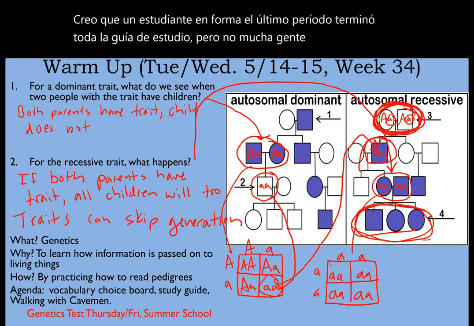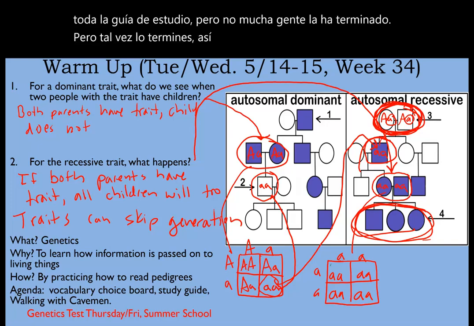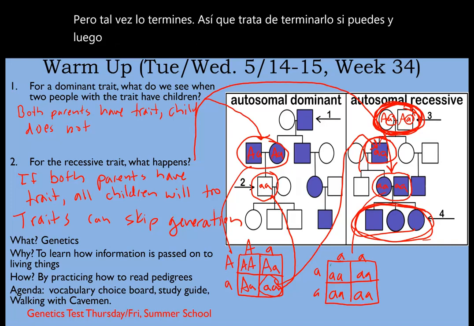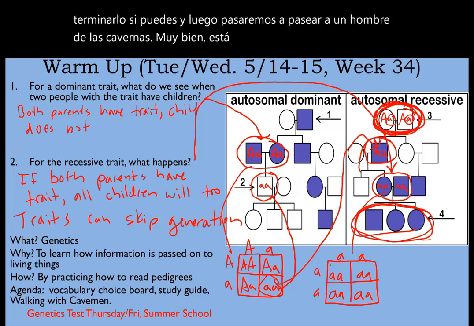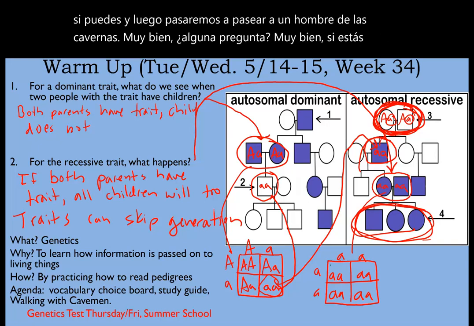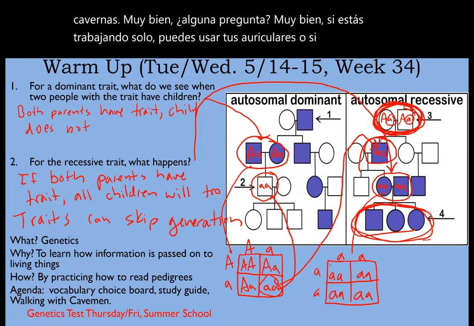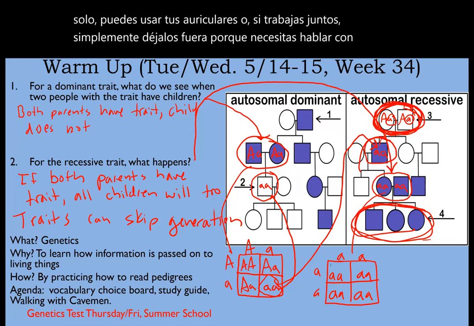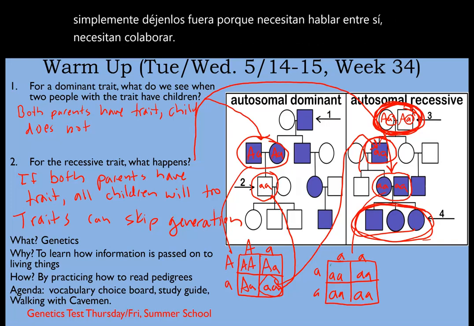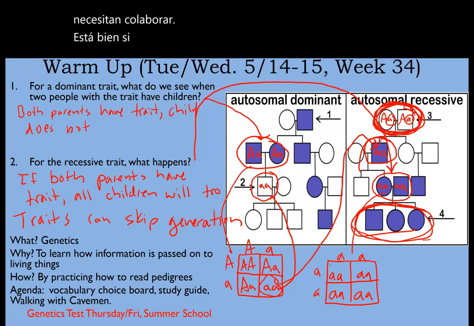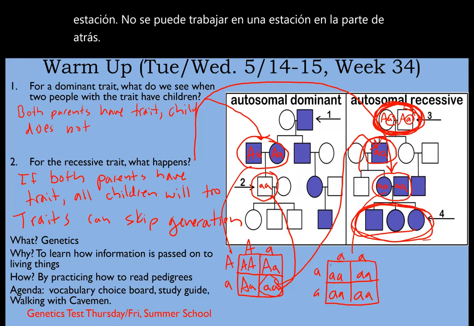But maybe you'll finish it, so try to finish it if you can. And then we'll move on to Walking with Cavemen. Any questions? If you're working by yourself, you can wear your headphones. Or if you're working together, just leave them out, because you need to talk to each other. You need to collaborate. And if you're working together, you work at a station. You can't work at a station in the back. All right, let's go. Let's get this done.